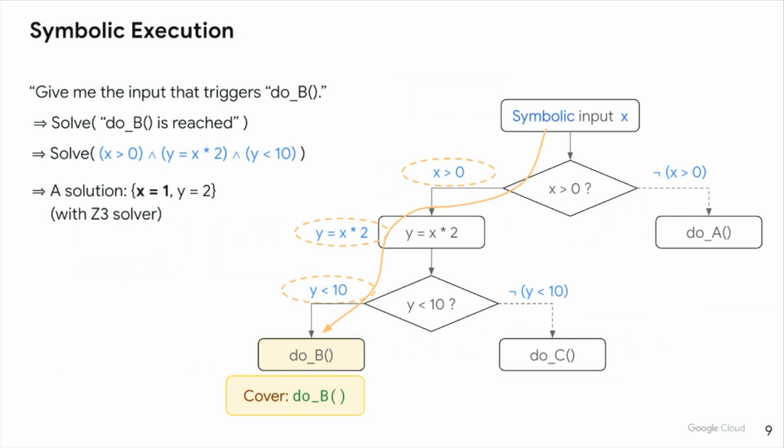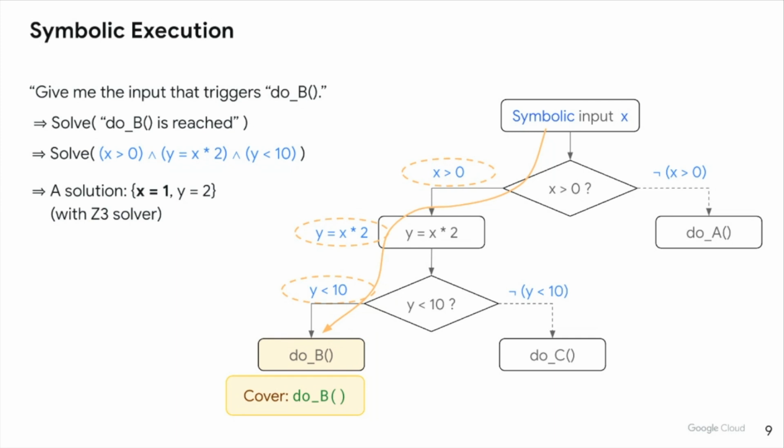The solver either tells us this is not satisfiable, meaning that there is no input that can reach this point in the program, or it gives us some satisfiable assignment that we use as input for our program, so that we can be sure that we reach this point. So that's the basic idea behind symbolic execution.